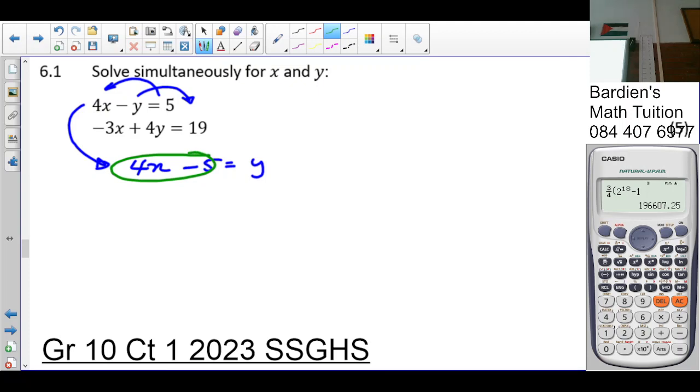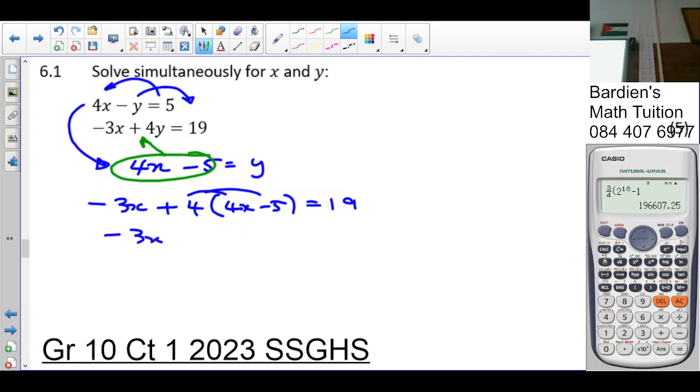Alright. So whenever I see a y, I'm going to replace it with 4x minus 5. Did you see that? Yes, sir. I'll replace the y with 4x minus 5. That's simply going to give us negative 3x plus 4 into 4x minus 5 is equal to 19. Okay. So what I do is I get rid of the bracket, so it's negative 3x plus 16x minus 20 is equal to 19.